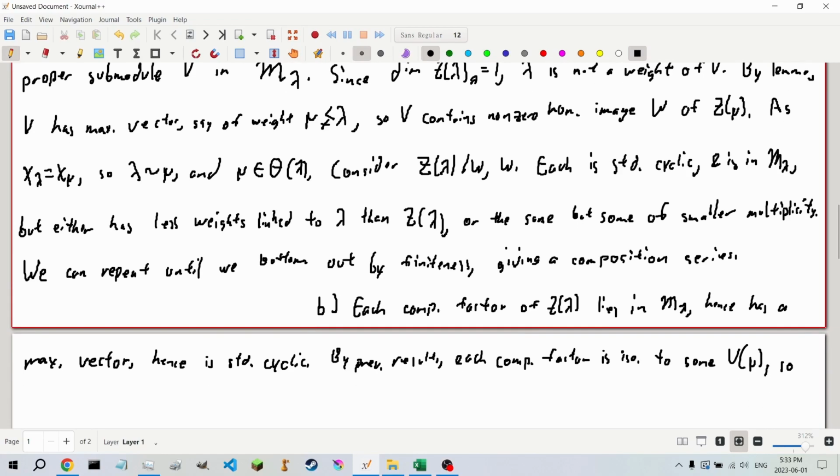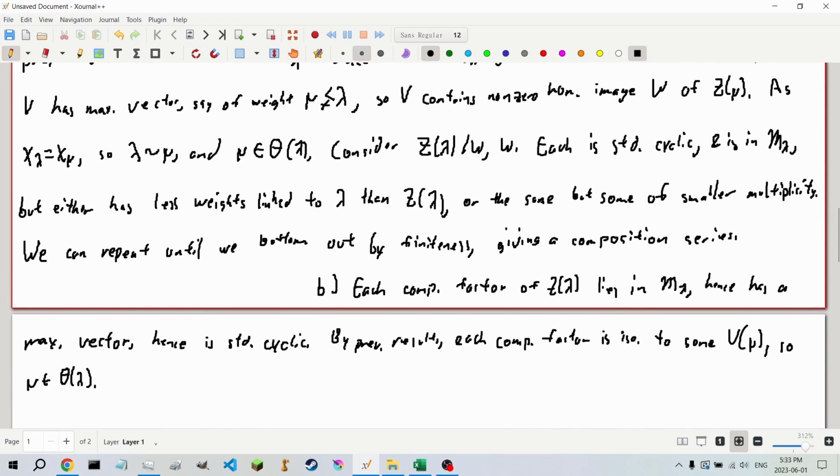So mu belongs to theta of lambda. And C is automatic, as the dimension of Z lambda at lambda is just 1.